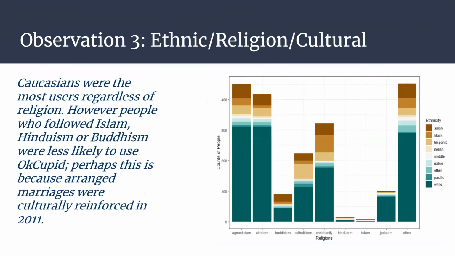Thanks, Kopal. Moving on, we were thinking about ethnicity, religion, and culture and how they influence dating in general. The OkCupid data we were provided gave us some very interesting insights and raised questions about cultural norms, especially with respect to dating and marriage amongst different religions.